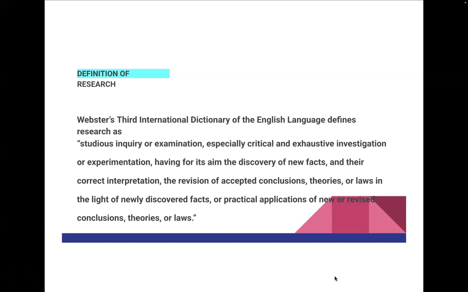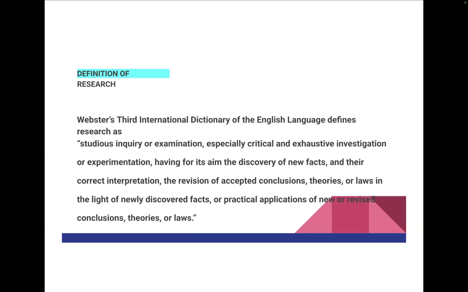Is my voice coming clearly? Yes, sir. Definitely, you should have some interest in a particular topic, that you want to know more about it, or you want to do something new on that topic. That's why you decided to pursue PhD, right?